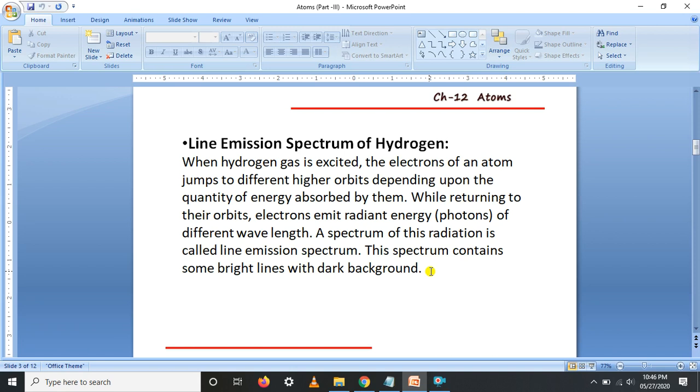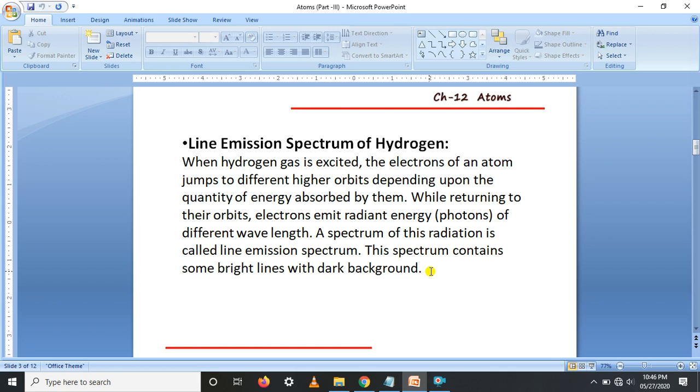Whenever the hydrogen gas is excited, the electron jumps from a lower energy level to a higher energy level. After that, when it returns to its orbit, it emits some radiant energy, which is also known as photons of different wavelengths.